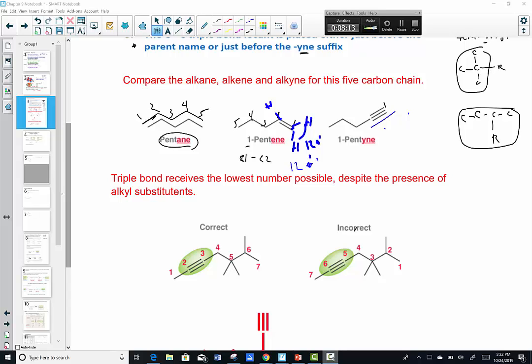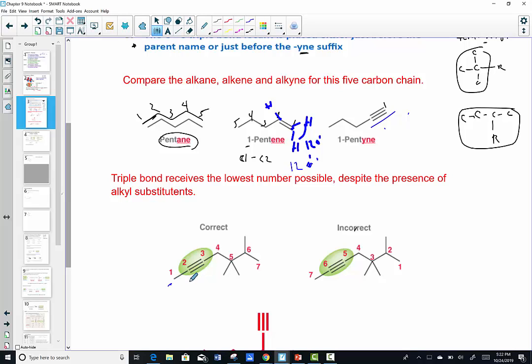When you're naming, make sure that the triple bond has the lowest possible numbers assigned to it. Here we have, for example, a carbon chain that is 7 carbons in the longest parent chain. We would begin numbering from left to right, and we would call this a heptyne.